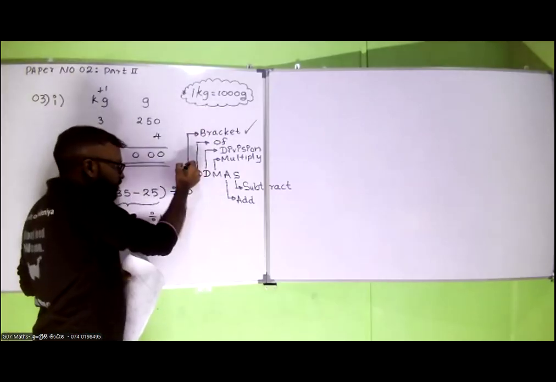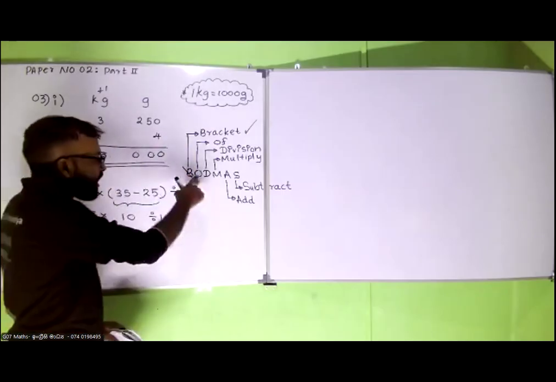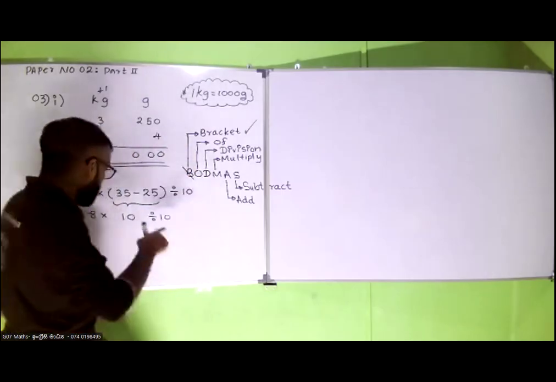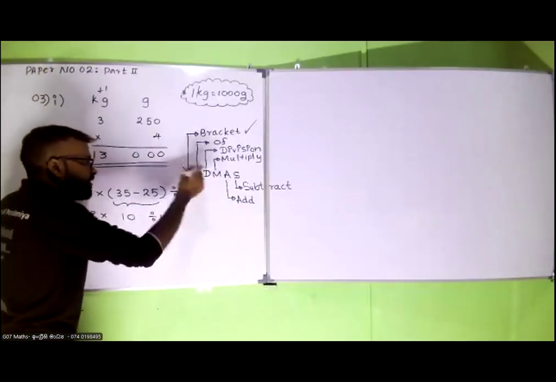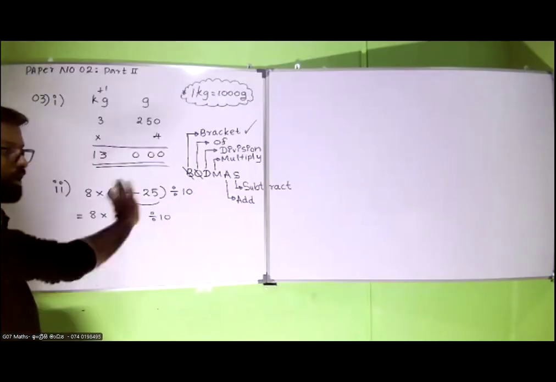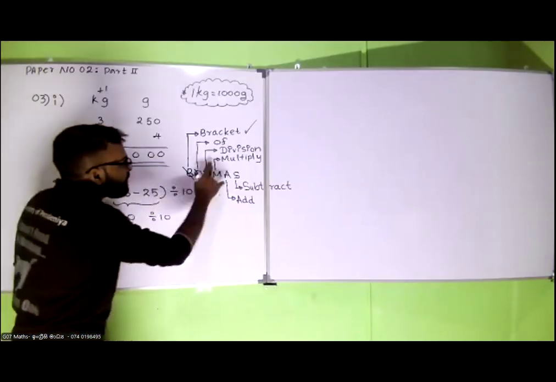Now this is my expression and let's go. Brackets are over, so I can cancel this out. Brackets done. Are there any Of? No Of, cancel it out. Are there any divisions?